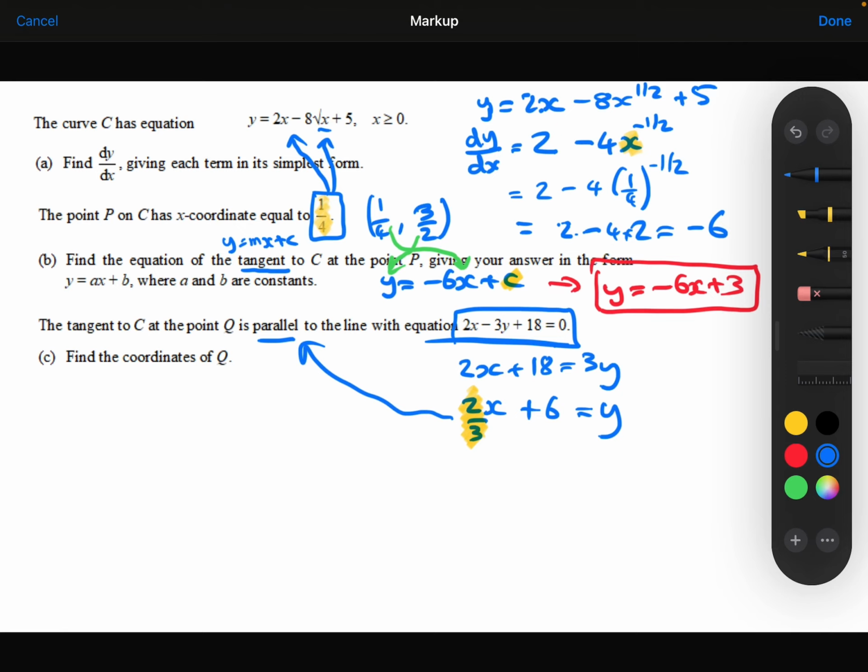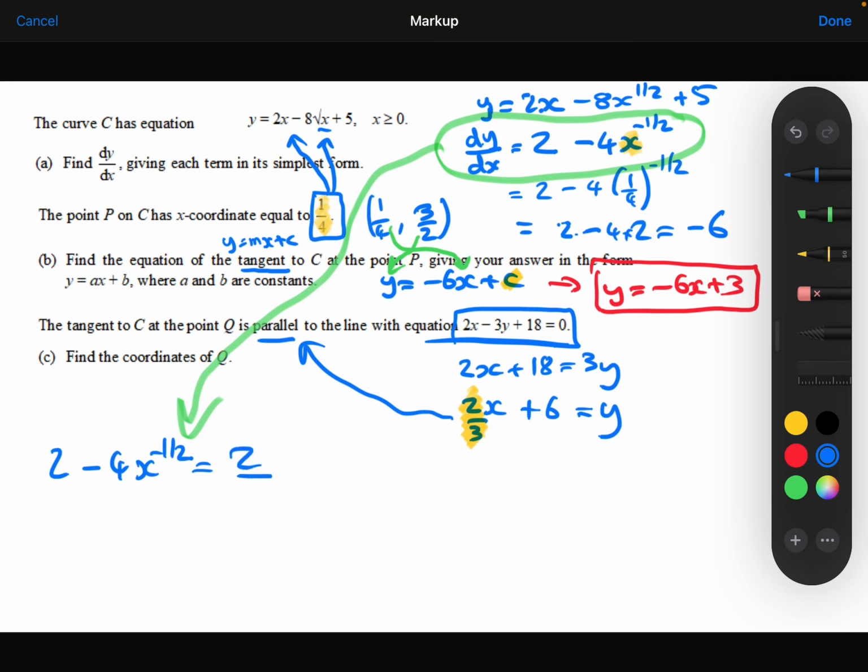Which means the gradient of my tangent has to be 2/3. To work out where that tangent is, I am going to take my gradient function and make that equal to 2/3 to find when does that gradient equal 2/3. To solve this equation, I don't like this x to the power of minus 1/2, so I'm going to move that back to the bottom.